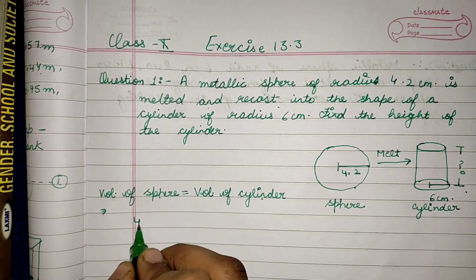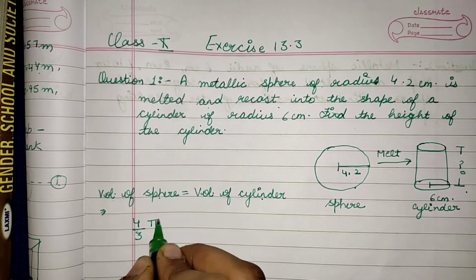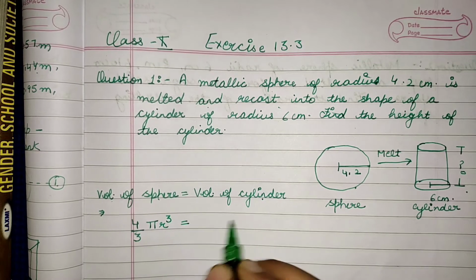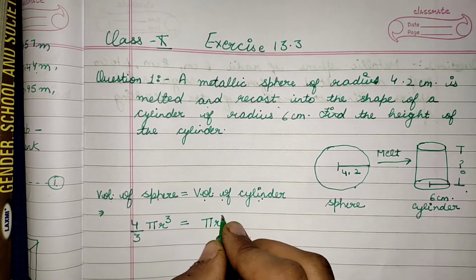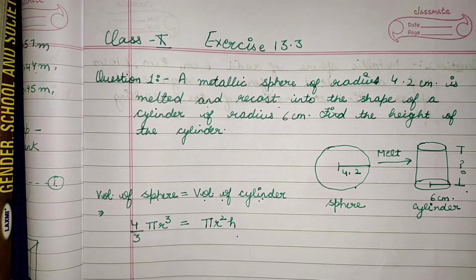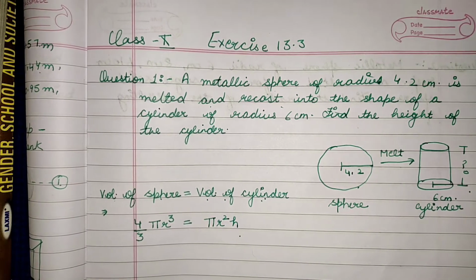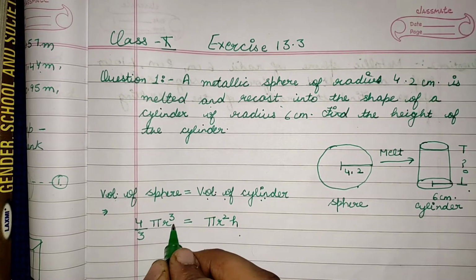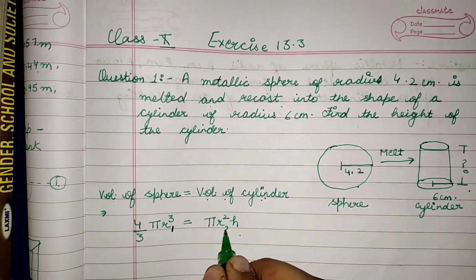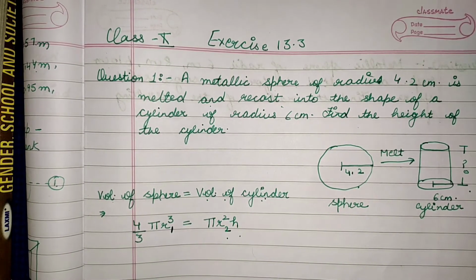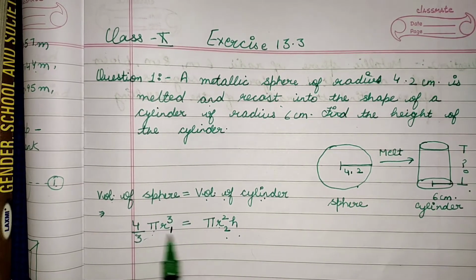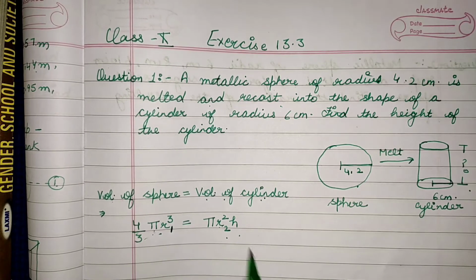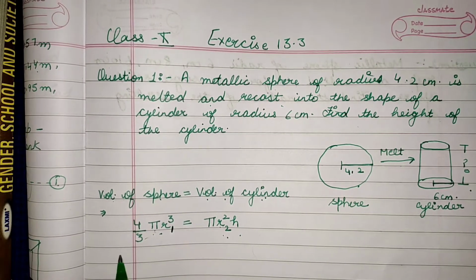The volume of the sphere is 4 by 3 pi r cube, which is equal to the volume of the cylinder, pi r square h. Let r1 be the radius of the sphere and r2 the radius of the cylinder. Because both radii are different, we are taking r1 and r2 to differentiate between them.